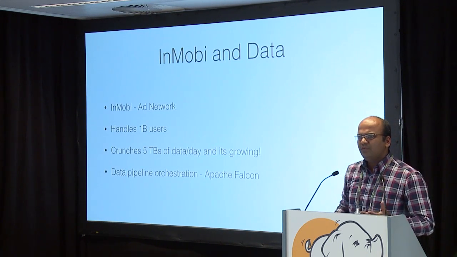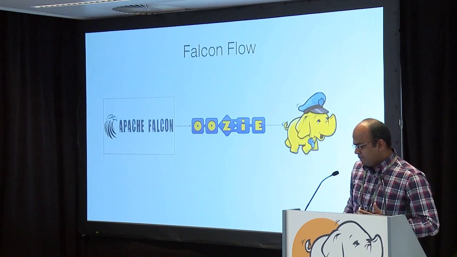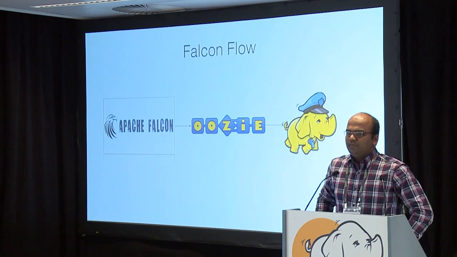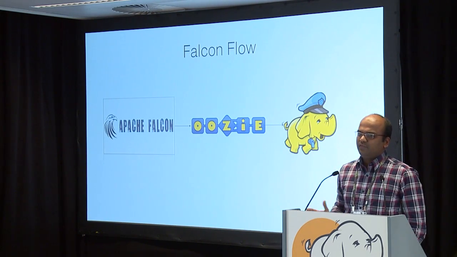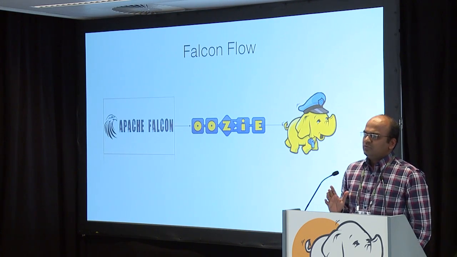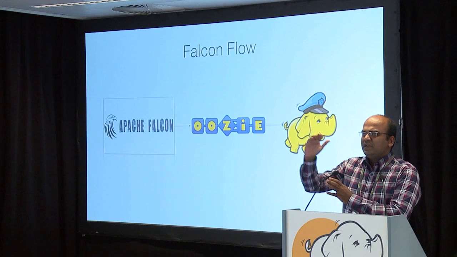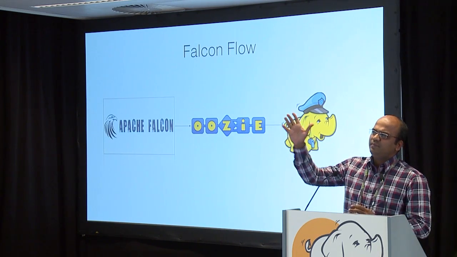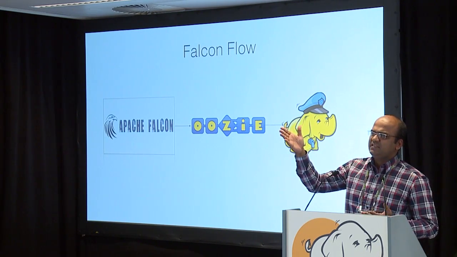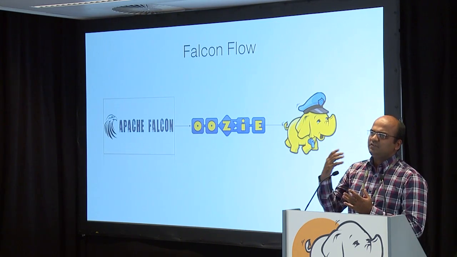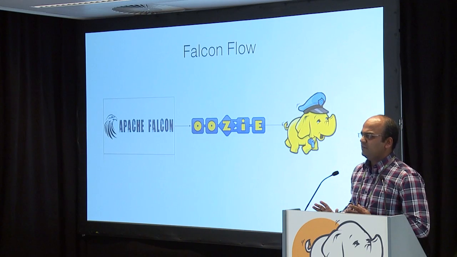Now to tell more about Apache Falcon: it is a feed and data processing platform, to put it simply. What does it mean? Any Hadoop job needs an input, which could be data present in an HDFS path. I will have some Hadoop jobs processing the data and giving me some kind of outputs.